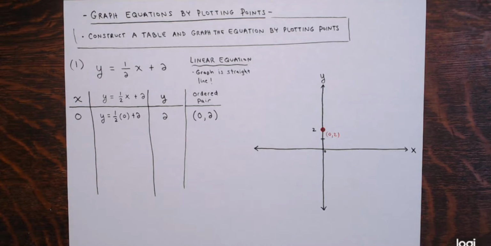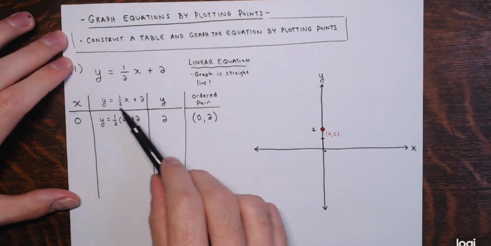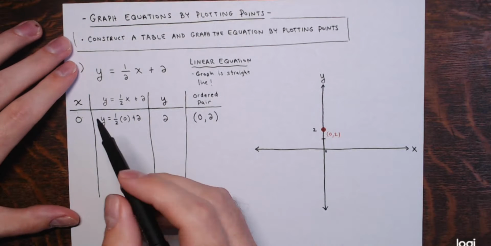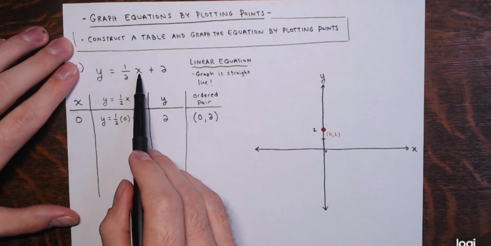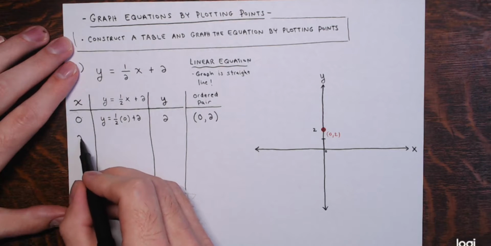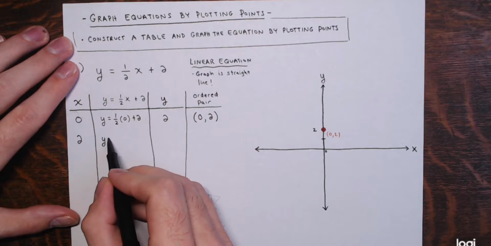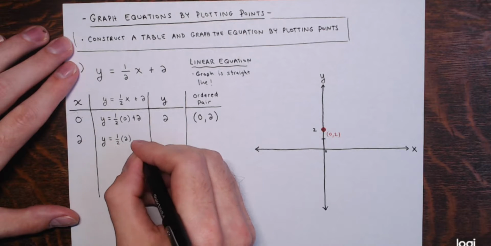But we can find a bunch more. Again, just plug in a value for one variable, solve for the other, and then plot that ordered pair. Now, because there's a half in front of the x, it would be easier to plug in values of x that are multiples of 2. You'll see. So let's say I replace x with 2. Then y would be equal to half of 2 plus 2.